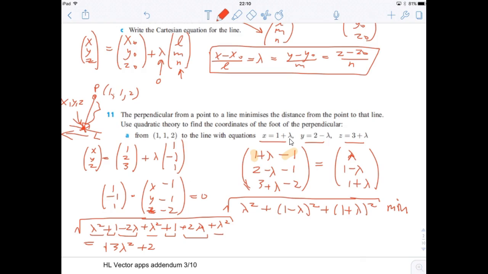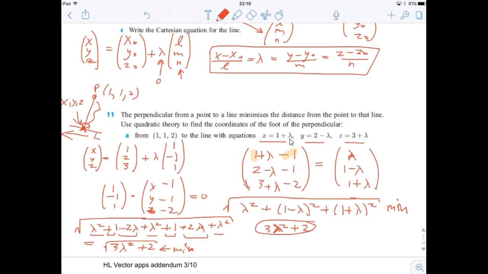And this would be minimized. So how do we minimize that? Well, if we're going to minimize the square root value, we're actually just going to minimize the value inside the square root. As long as we minimize 3 lambda squared plus 2, we will be minimizing the square root value too.